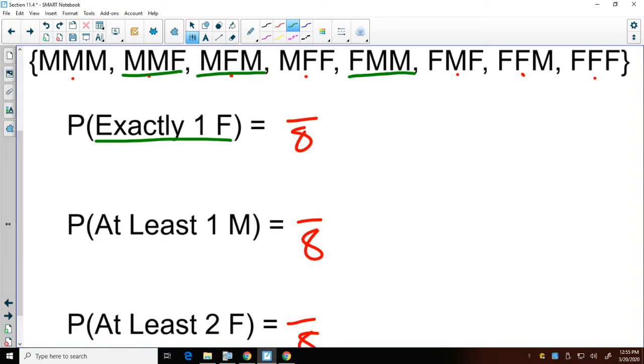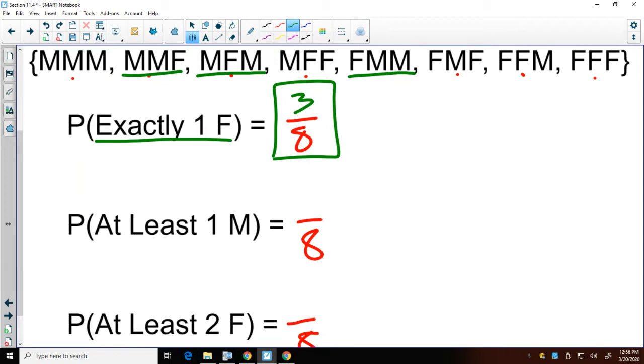Everybody else up there either has no females, 2 females, or 3 females, and we don't want those. We want it where there is exactly 1. So our top number up here is 3. And then, of course, you always need the question, does 3 over 8 reduce? And it does not. So that would be the final answer you put into my math lab.